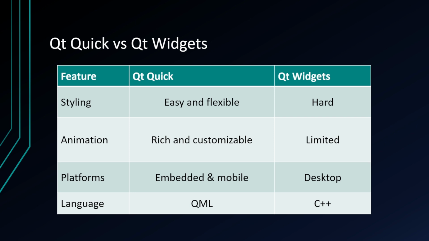But in Qt Widgets, you make everything in C++. I will use Qt Quick in the series because it is more modern and gives us more flexibility. Nowadays, most companies that are using or starting to use Qt prefer Qt Quick.